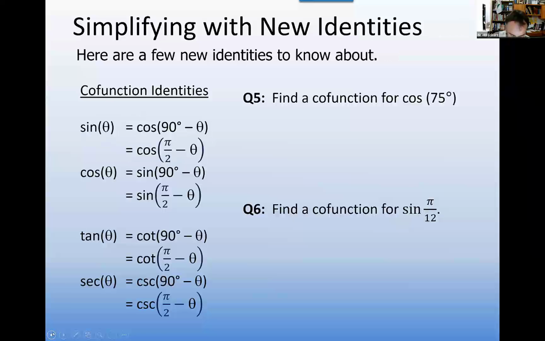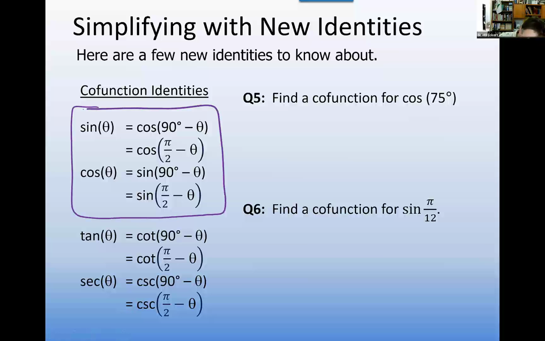Okay, a couple more identities. These identities here in the box, I want you to memorize. So anything to do with sine and cosine, memorize the new identity. It has to do with the shifts. If you look at a sine wave carefully and you shift it back a little bit, you'll see the cosine falls right back on top of the sine wave and vice versa.